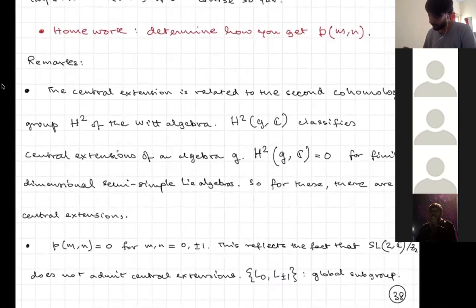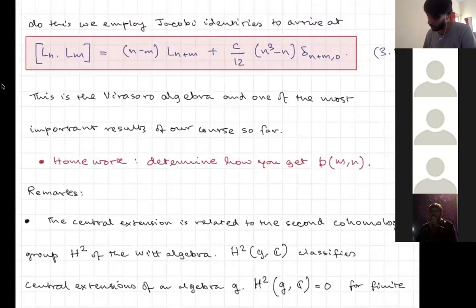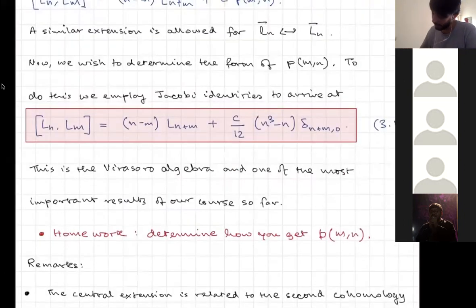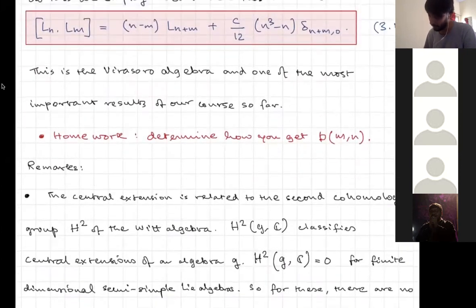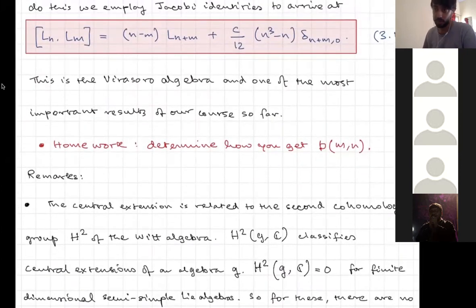Another thing that I try to point out is, when you're looking at the structure of P m, n, you see that P m, n is equal to 0 for n equal to 0, plus or minus 1. So for the global subalgebra, there are no central extensions.